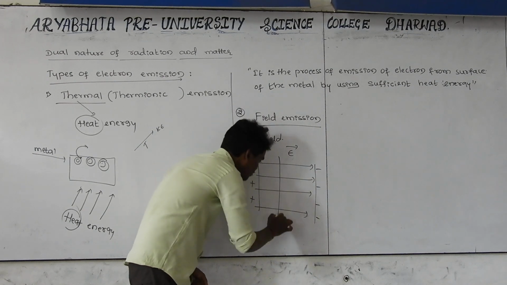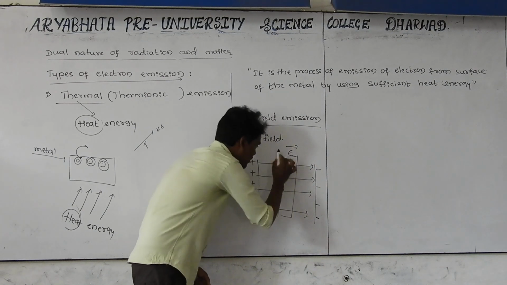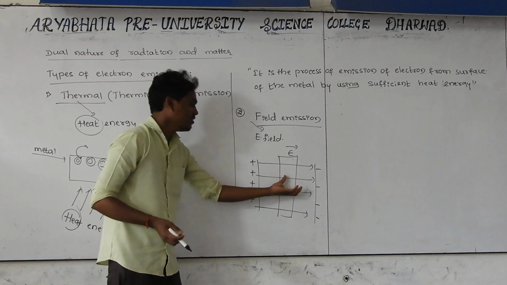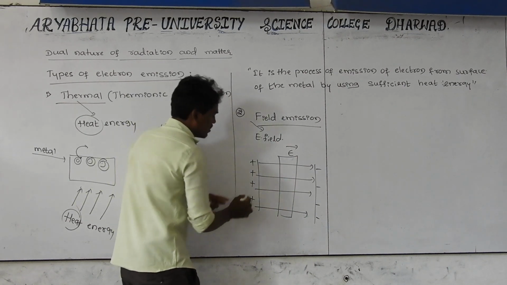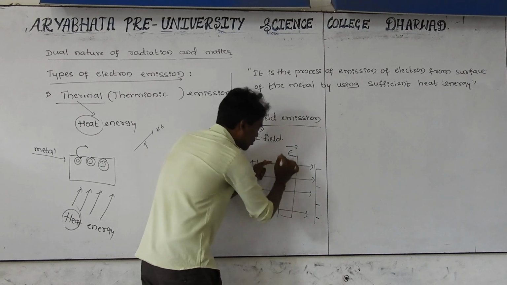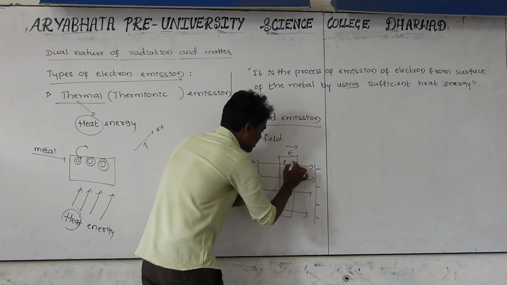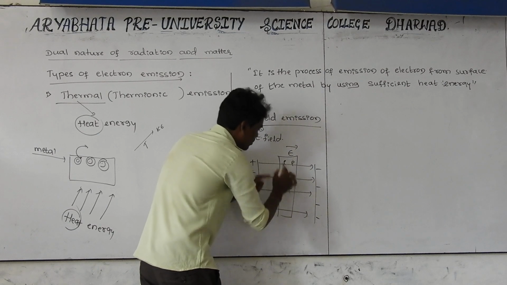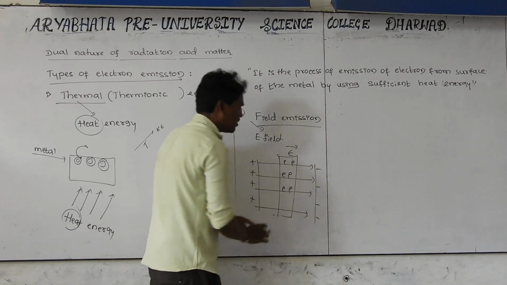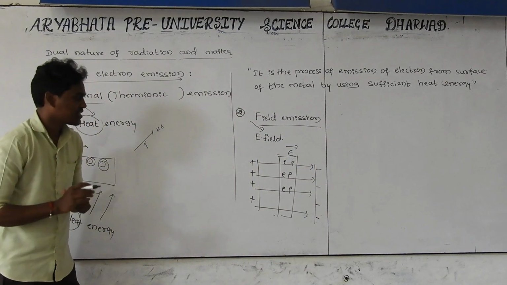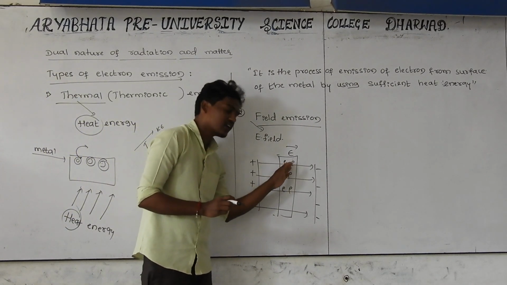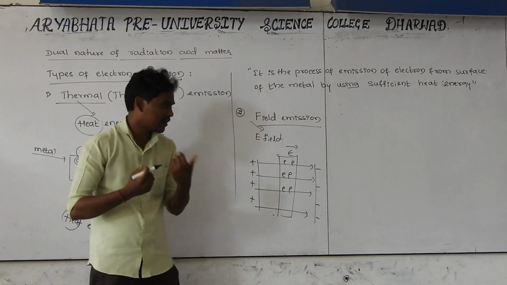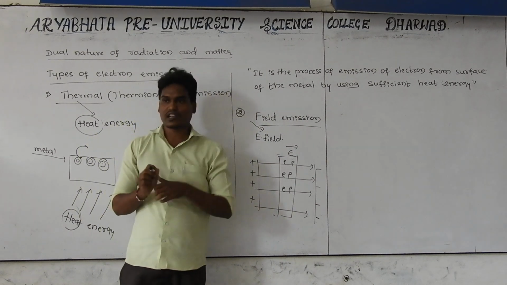Whenever you take a metal here, I am placing the metal in between the electrical field. Whenever this electrical field is incident on the metal, let us consider these are the electrons and this is the metal. I place the metal inside the electrical field. As you know very well, the direction of the electron is always opposite to the electrical field.